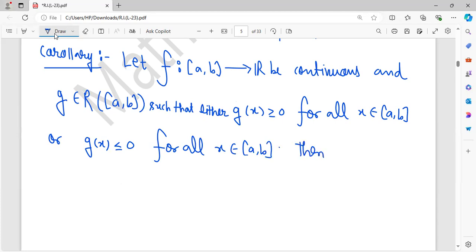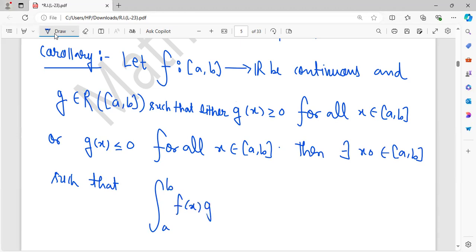Then there exists x naught belongs to the closed interval [a, b] such that the integral from a to b of f(x) g(x) dx is equal to f(x naught) times the integral from a to b of g(x) dx. So this is simple.